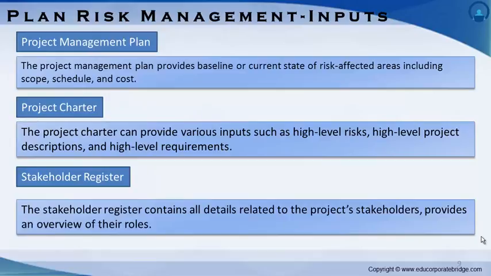The project management plan provides baseline or current state of risk affected areas, including scope, schedule, and cost. The project cost management plan defines how risk budgets, contingencies, and management reserves will be reported and assessed.